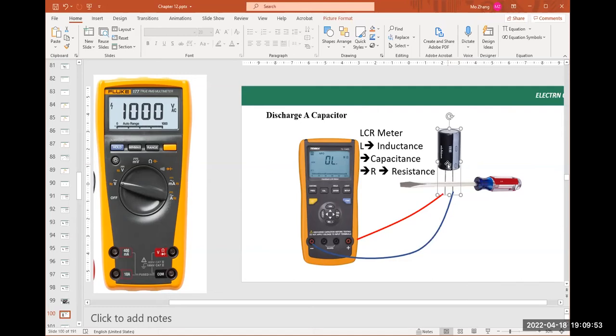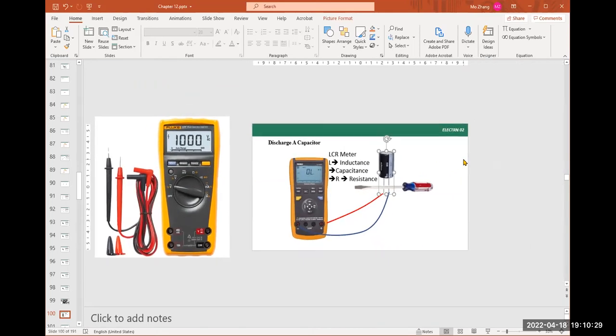So the first thing to do before uninstalling, disassembling, or removing it is to use a screwdriver to make sure it is discharged. In other words, even if not this one, a fancy one used in a microwave, after we open the circuit breaker and turn off the electricity, there's a chance the capacitor still holds the charge. So we need to discharge it. That's a good practice.